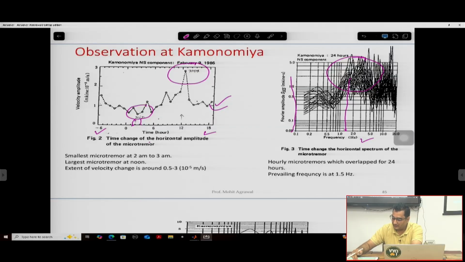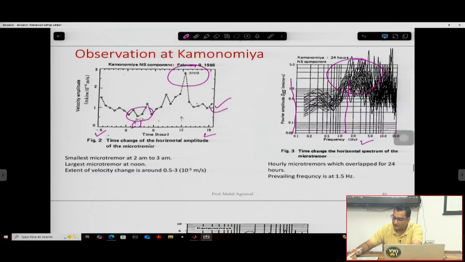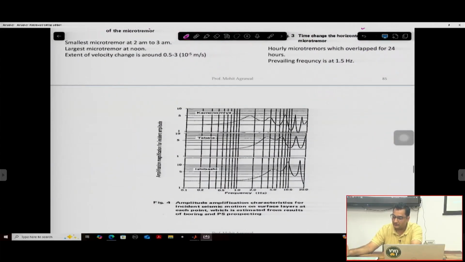Okay, now what they did after taking this observation, they also compared it with the well-log data or the sonic data that they had from their records for this particular region, that is for Kamonomiya. And here also they observed that the prevailing frequency was around 1.5 hertz.